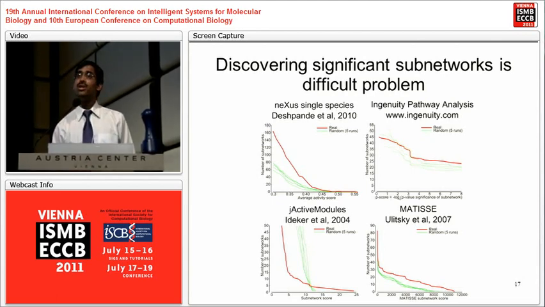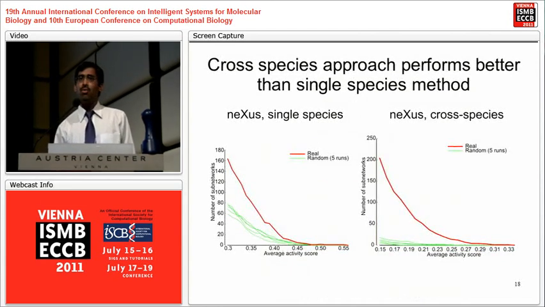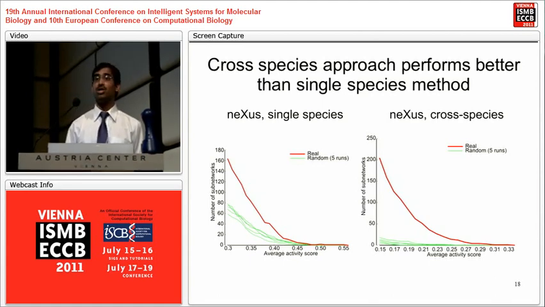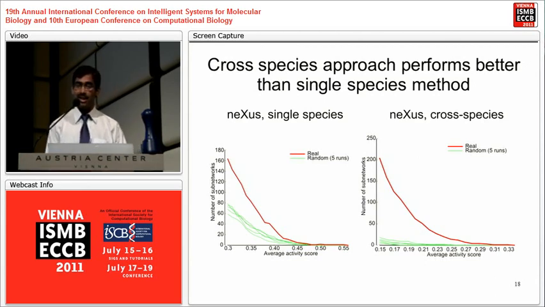But with our approach we can do quite reasonably in finding real subnetworks. Now, when I compare our single species approach with the cross species approach, the first thing you will notice is that the difference between the real and random subnetworks is much more in the cross species case. In the single species case, it's like 2 or 3-fold, and for the cross species case, it's like around 20-fold.